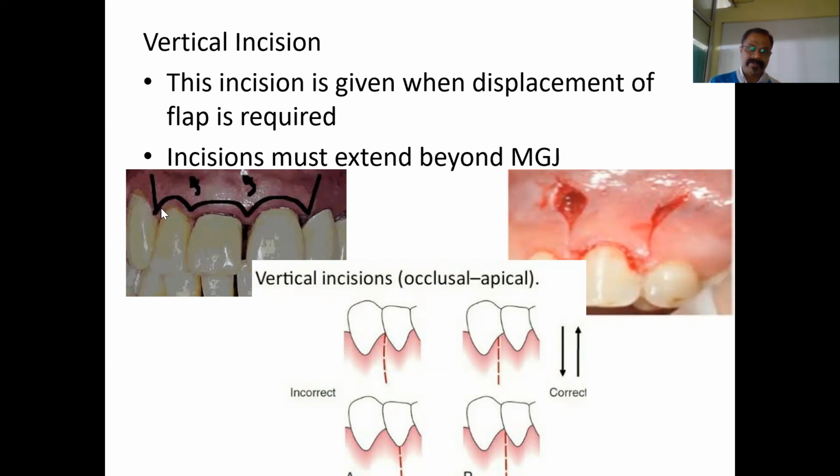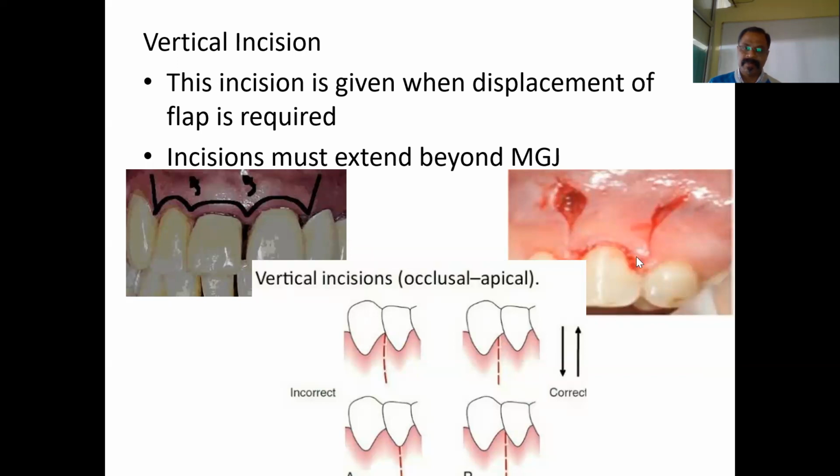So here, as I said, you're going to give horizontal incisions in a mesiodistal direction, and then at the end of the mesiodistal incisions, you're going to give one here and one here, right? Now, remember, these vertical incisions must always extend beyond the mucogingival junction, right? Then only you will be able to displace it either coronally or apically, right? Are we getting it here?